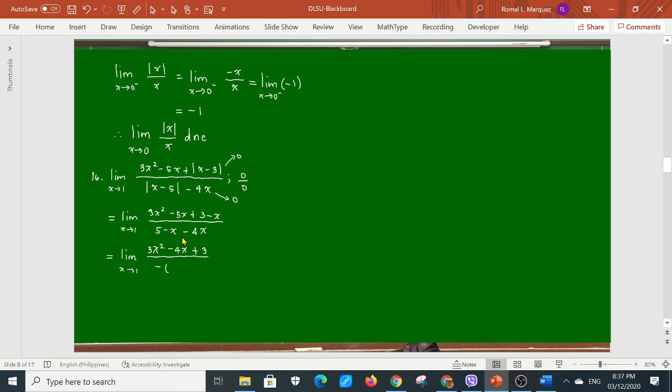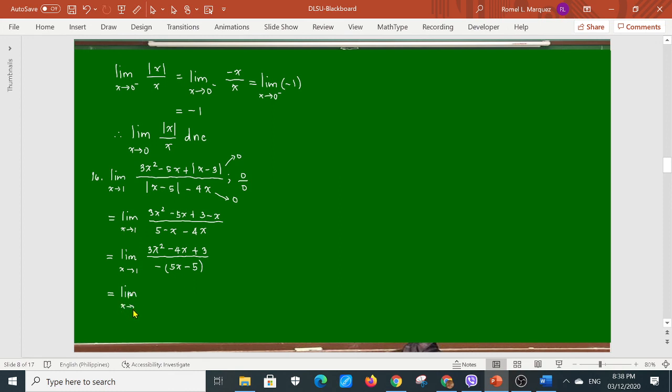Negative. This is negative 5, so 5x only. Minus 5. Okay, guys? So, let us factor. It is still the same. We have not cancelled yet, so it is still indeterminate.